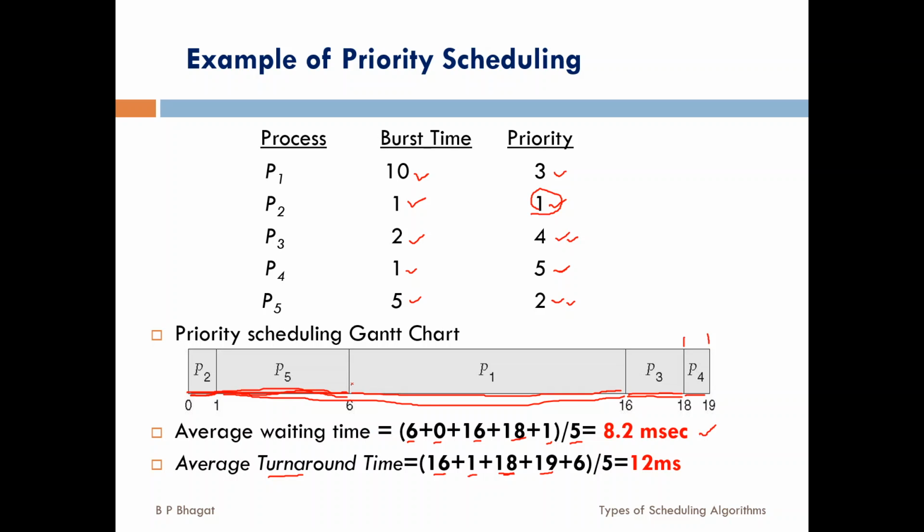For P5, the waiting time is 1 and the executing time is 5, so the turnaround time for P5 is 6. Adding the turnaround times of every individual process and dividing by 5 will give us the average turnaround time.